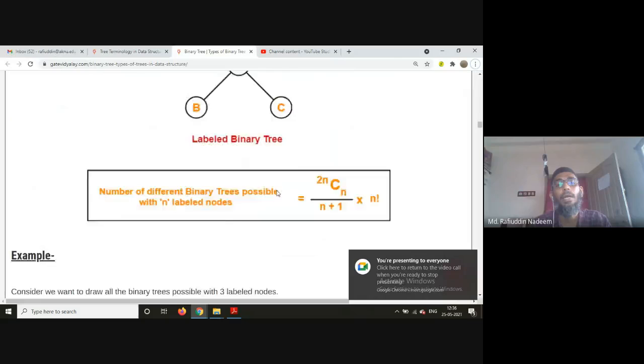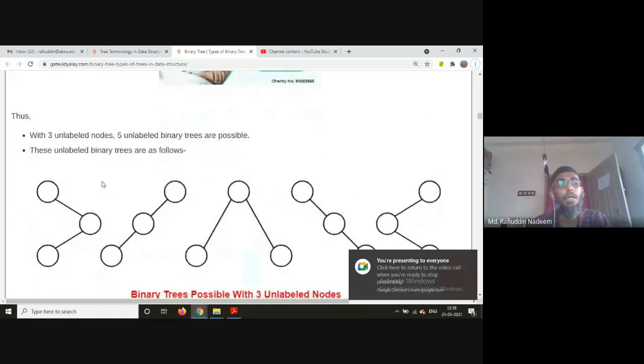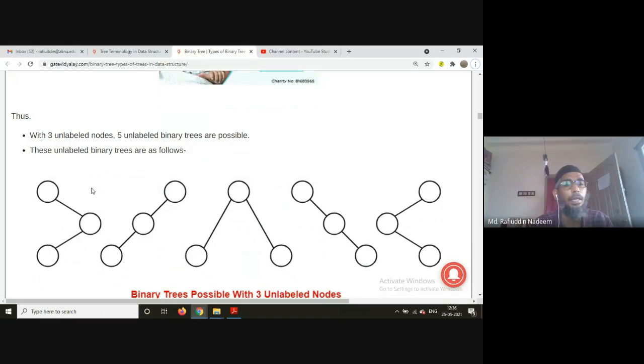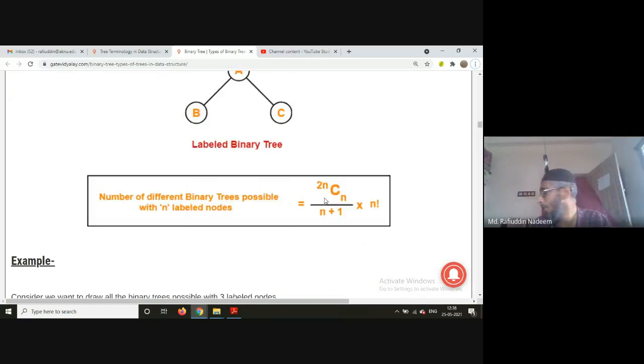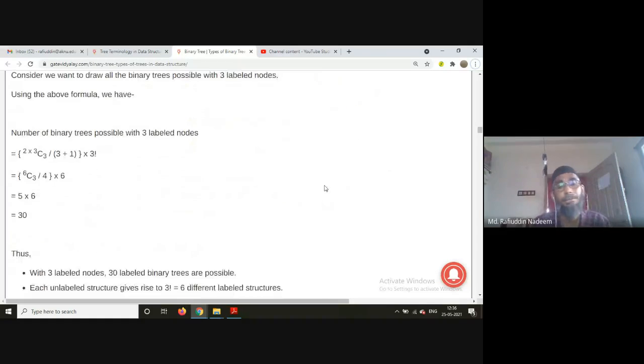Likewise, if you go for another structure, like this first type of structure, you can say A, B, C, then B, A, C, and so on. Like that, you can again form 6 different structures. So 6, 6, 6, 6, 6, so 30 different structures will be formed.